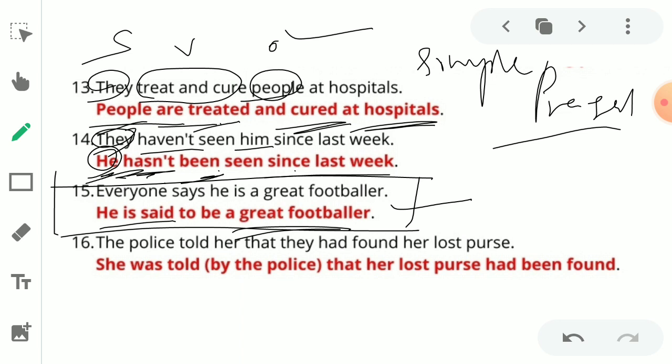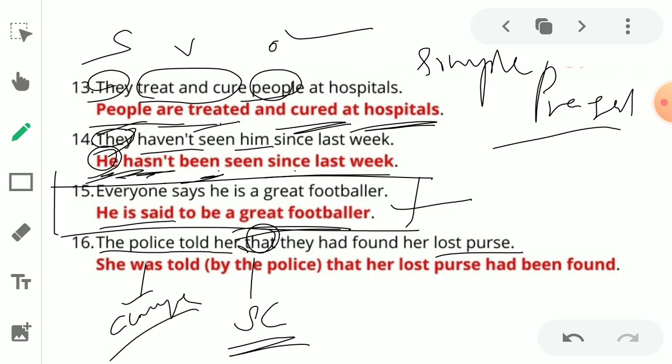The police told her that they had found her lost purse. There are two clauses here. That is a subordinating conjunction, and the police told her is one clause. One more clause, they had found her lost purse. So there are two clauses.